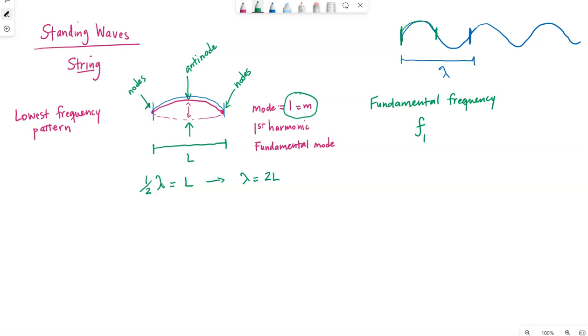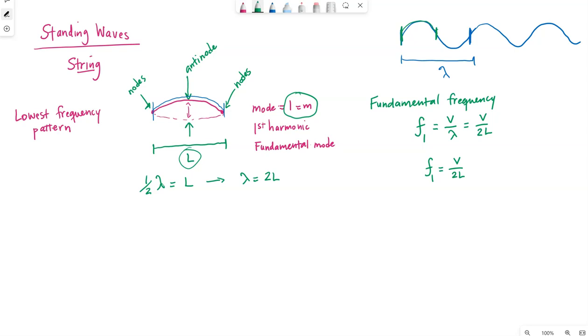Now, coming back to frequency, we know the frequency of a wave is the speed of the wave over the wavelength. So speed of the wave over this wavelength, that's 2L. We can say F1 is the speed of the wave on the string over 2L. And L specifically means this length of the string that is actually vibrating, that's oscillating.